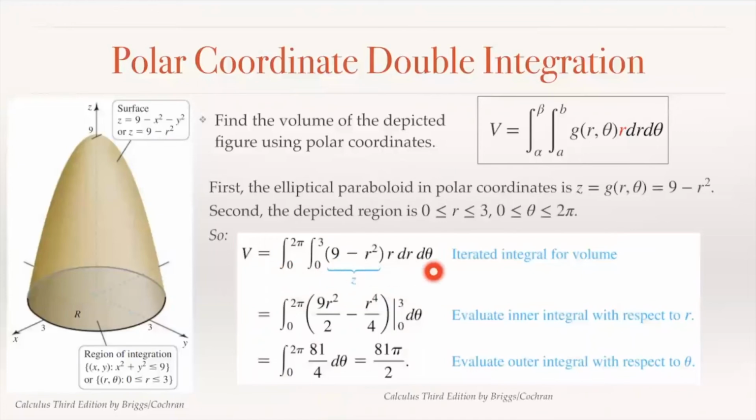So we got this. We didn't forget that r right there. Distributing that r inside and taking the integral, we have this. It's just the integral of a polynomial. We evaluate that between 0 and 3. And then we evaluate that between 0 and 2 pi. And we get that the volume here is 81 pi over 2.